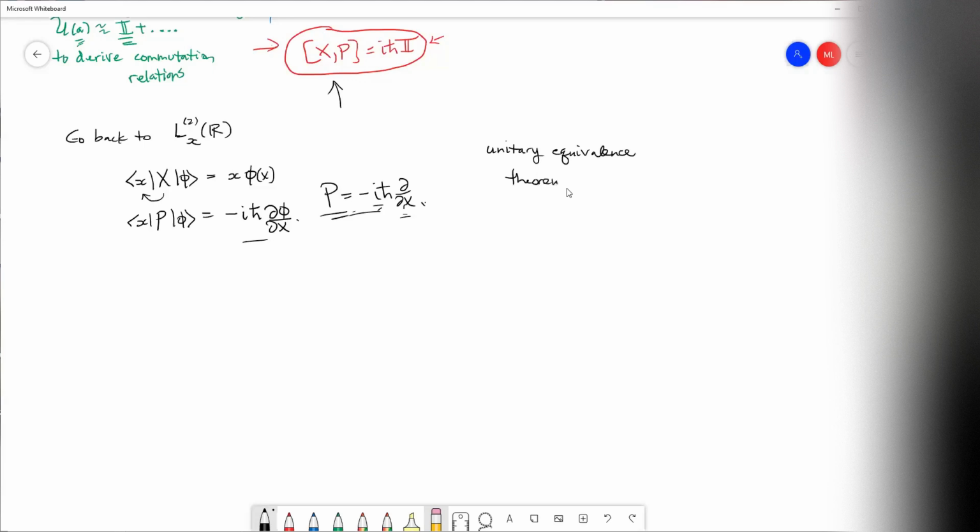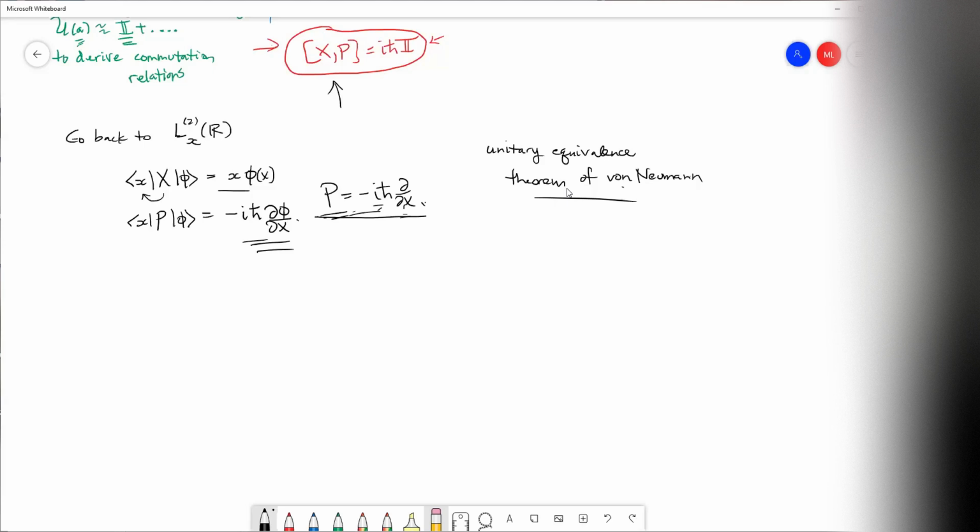I won't go into it, but you can look it up. It's kind of interesting. It proves that this choice of p and x, how they behave on wave functions, is basically unique up to unitary transformations. So we never have to really worry about some other way to implement these x and p operators. We're just going to go with this and see what the consequences are of doing it this way.